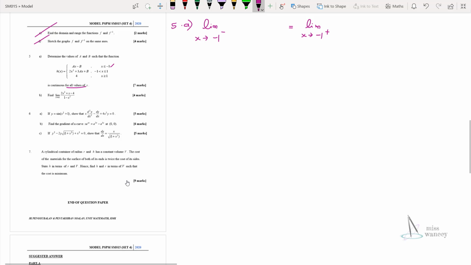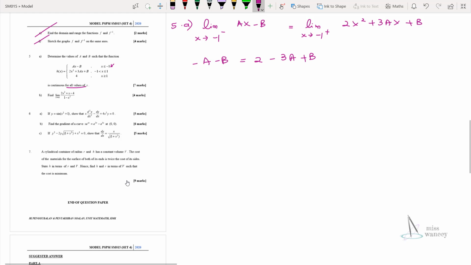So the function as x approaches -1 on the left is ax minus b. On the right hand side, this is 2x squared plus 3ax plus b. So substitute x with -1, so we get -a, -b equal to 2, and then minus 3a plus b.